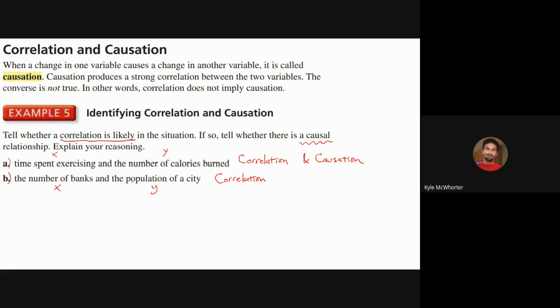Cities that have lots of banks probably have lots of people. But the question is, does the number of banks cause the population to change? If you put more banks in a city, will that make the population grow? Not necessarily, right? So we would say this has correlation, but not causation.